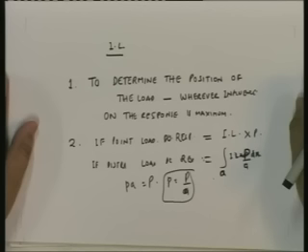Now just to ensure that I leave you with some problems to do, I'm going to give you two or three problems to do for your own self. I'm going to define one problem. This is the same problem as what I've just done.